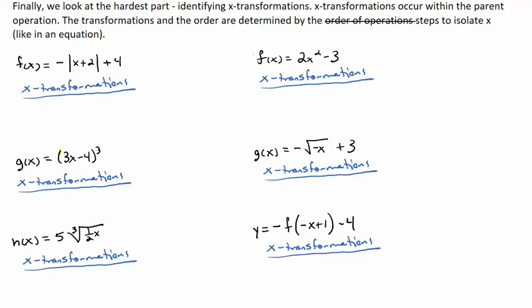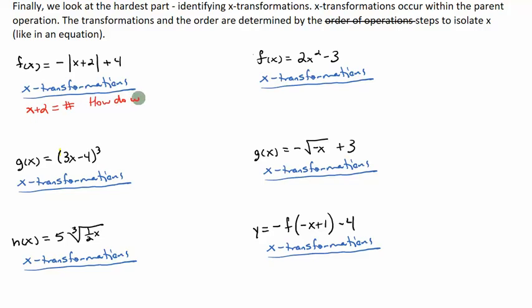So just like before with y transformations, we need to identify our parent operation, which in the first example is the absolute value operation. And so what's happening inside there is what we use to determine our x transformations. Let me extract what's inside, which is x plus 2, and pretend that that's in an equation. So pretend that this is x plus 2 equals some number, and I'm trying to solve this for x.